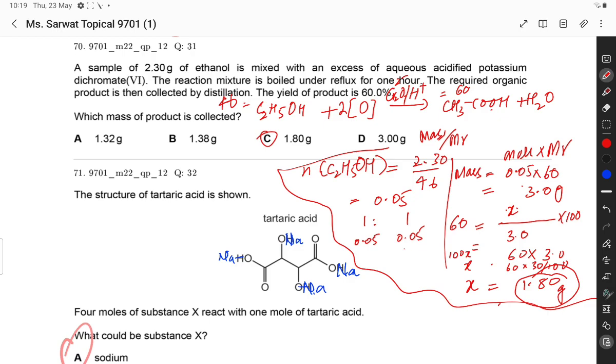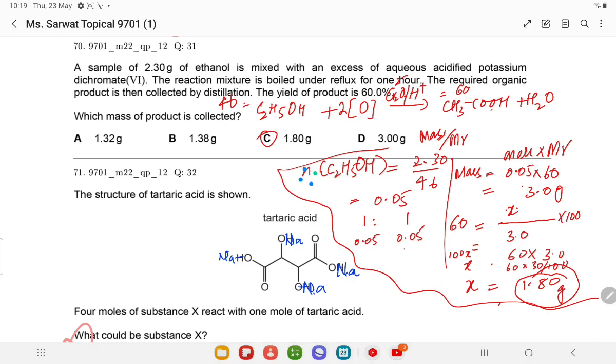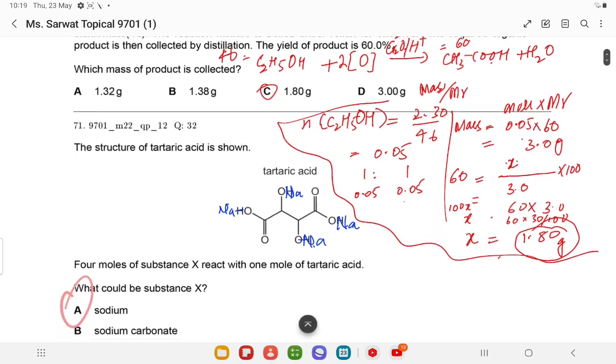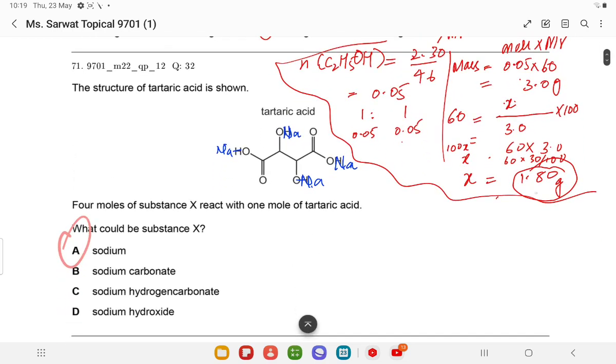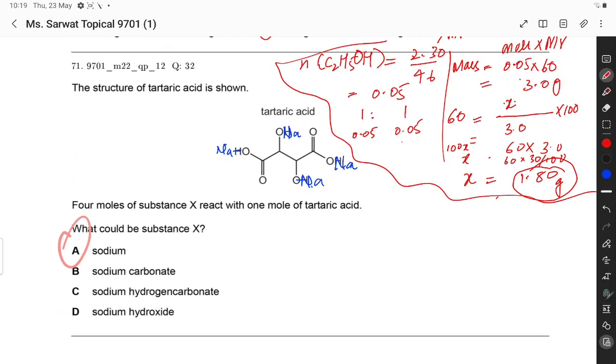So the next question is: the structure of tartaric acid is shown. So this is the tartaric acid structure. 4 moles of substance X react with 1 mole of tartaric acid. What could be the substance X?